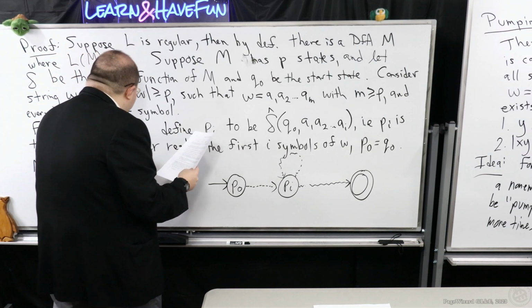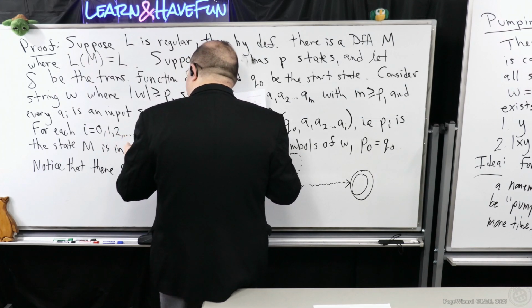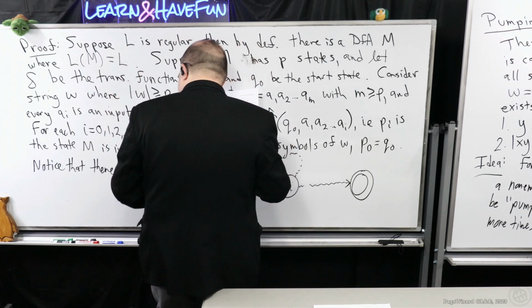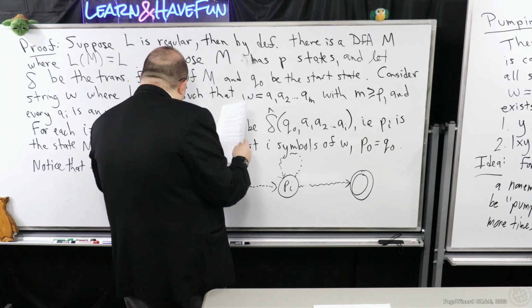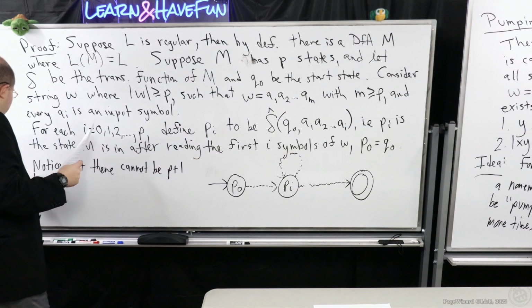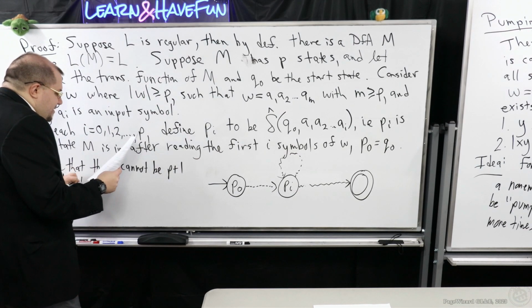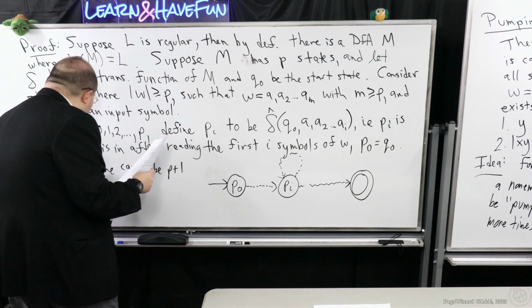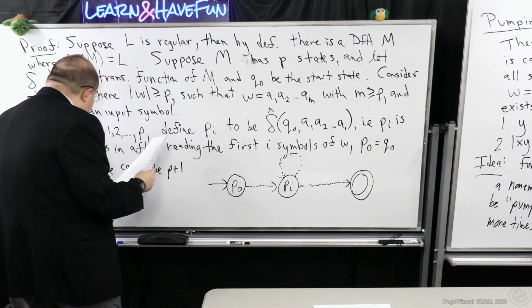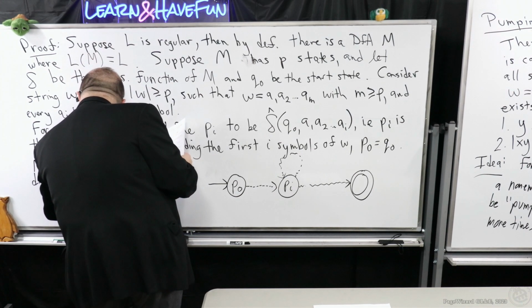Even though I've listed out P plus 1, right? There's P plus 1, but the thing is, there's only P states. Notice there cannot be P plus 1 distinct states, or I'll say distinct Pi's to make this even more fun.